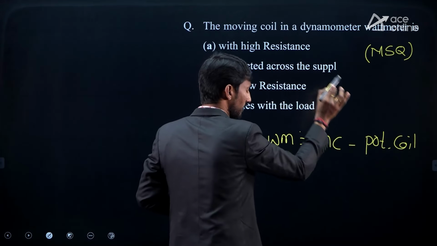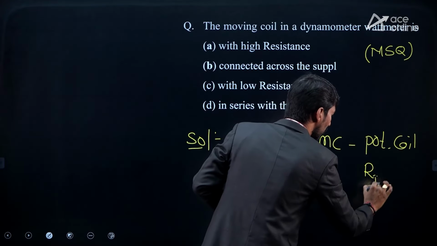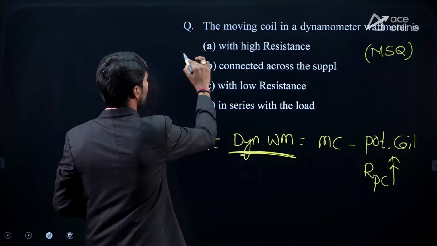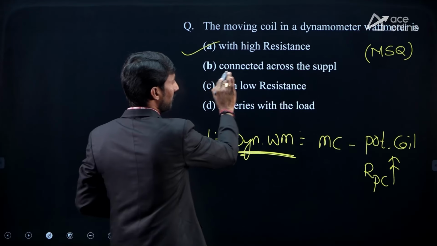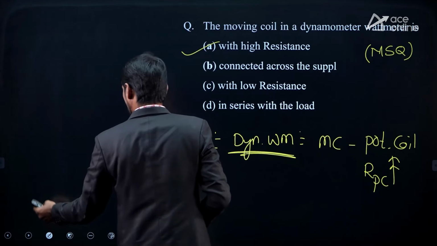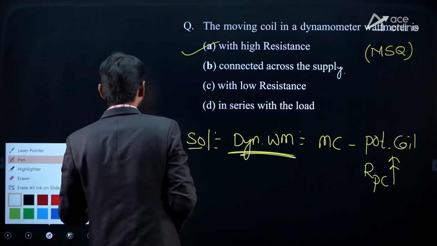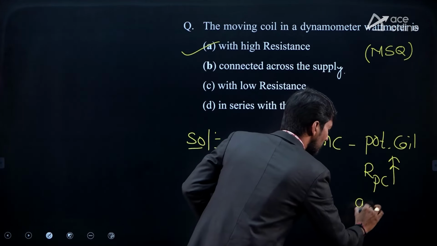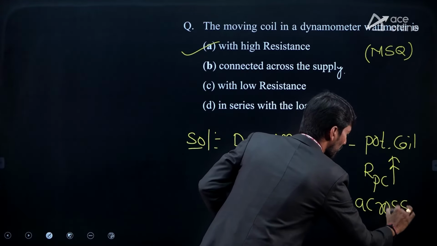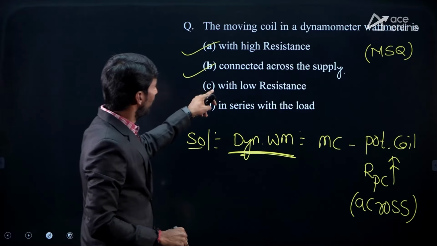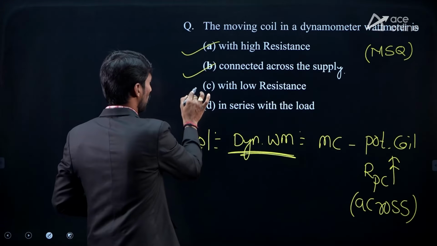With high resistance, yes, potential coil resistance is always high, correct. Connected across the supply, yes, correct, nothing but potential coil must be in parallel, across, so it is also correct. With low resistance, no, wrong.